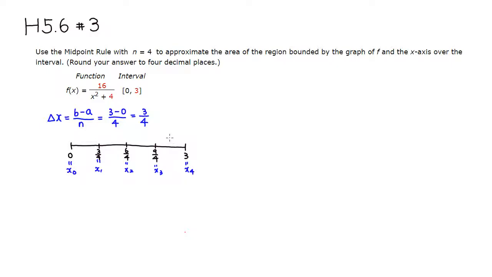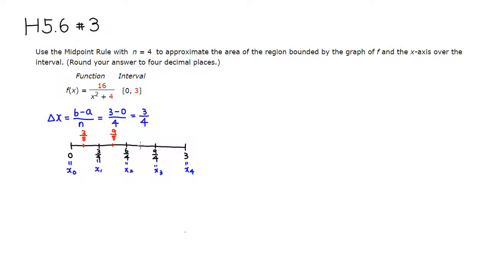Then we need to find the midpoints. The first midpoint is the average between 0 and 3/4, so that's 3/8. Next, we add 3/4, which is the same thing as 6 over 8, to 3 over 8, giving 9 over 8.